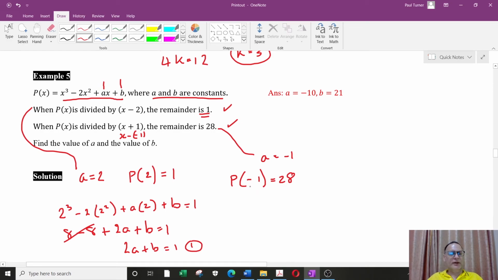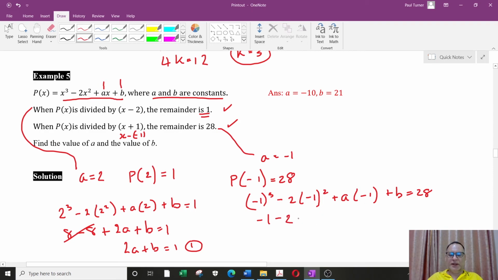So let's do the same on this side. We'll put minus 1 into our equation. Minus 1 cubed minus 2 times minus 1 squared plus a times minus 1 plus b equals 28. So minus 1 cubed is minus 1. Minus 1 squared is 1. 1 times minus 2 is minus 2.